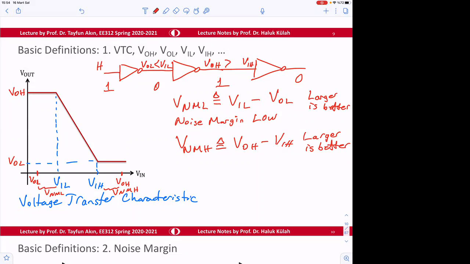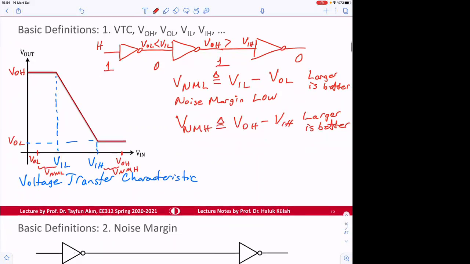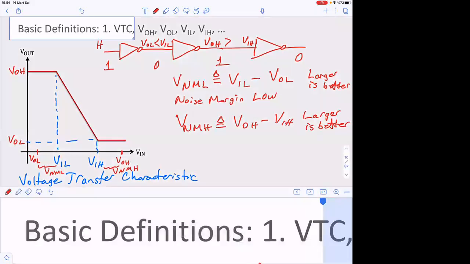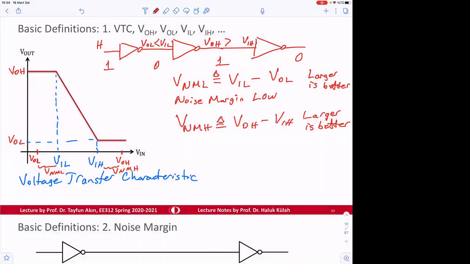Okay. For an ideal case, as you know, for an ideal inverter, remember, you know, ideal inverter was like this. So this was VCC divided by 2, and this was VCC.